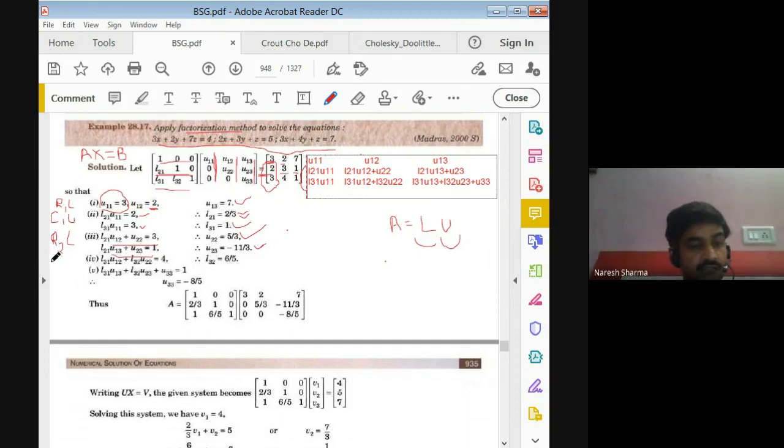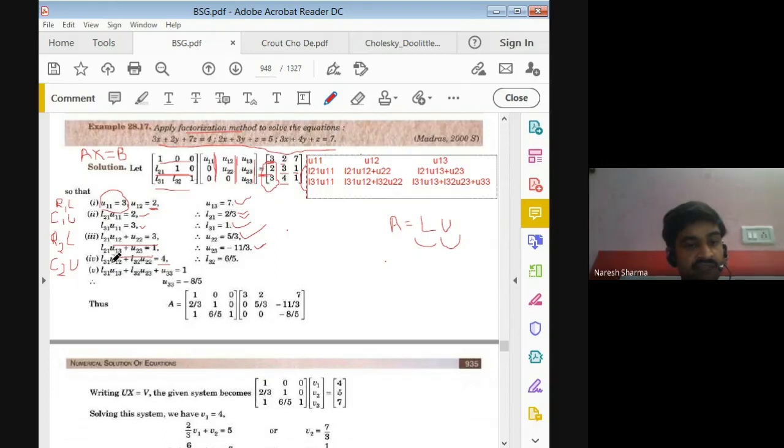Now use the second column of the upper matrix. This second column is fixed. Multiplying with the first row and second row we have already done, so we multiply this with the third row. The third row and second column give this after multiplication, and you compare this with 4. At this stage, we know the value of L31, which is 1, and U12, which is 2.